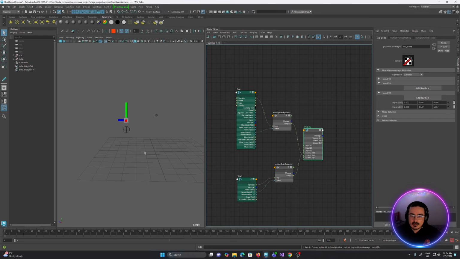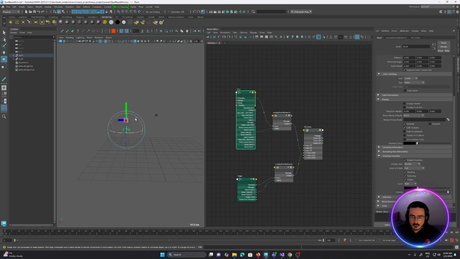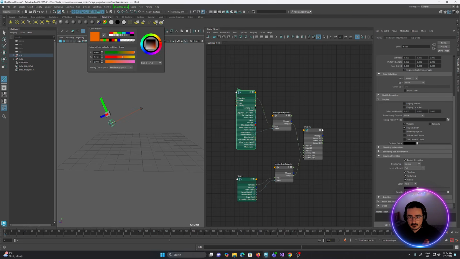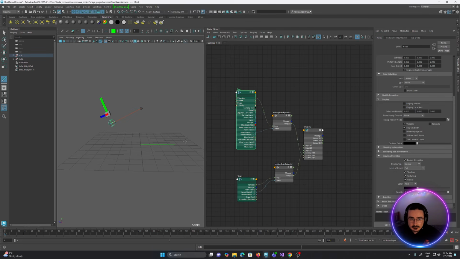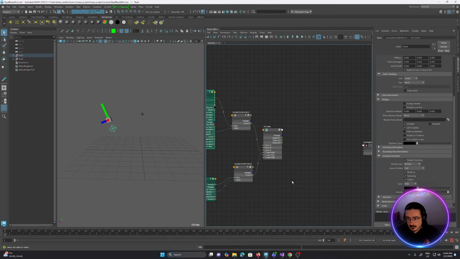And now we would need to put my world space delta into the root local space. So we would need to take this delta and transform it into the local space of my root as a vector. So basically that would be something like that. Let's clean it up.